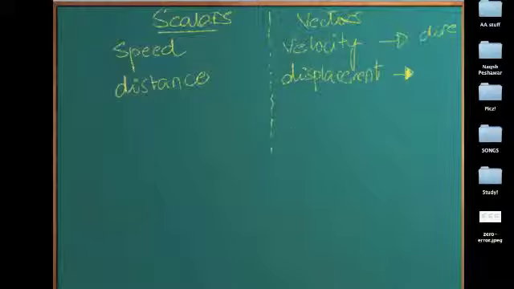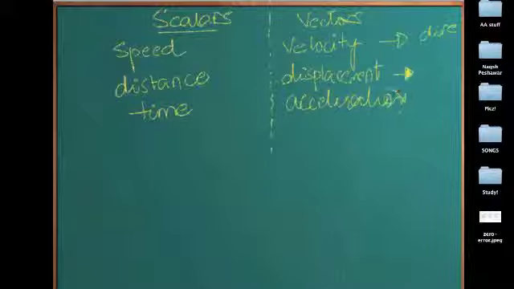Time is a scalar quantity. You don't need a direction for time. However, acceleration is a vector quantity, so whenever you talk about acceleration, you will always tell me a specified direction. These were some examples of scalars and vectors.